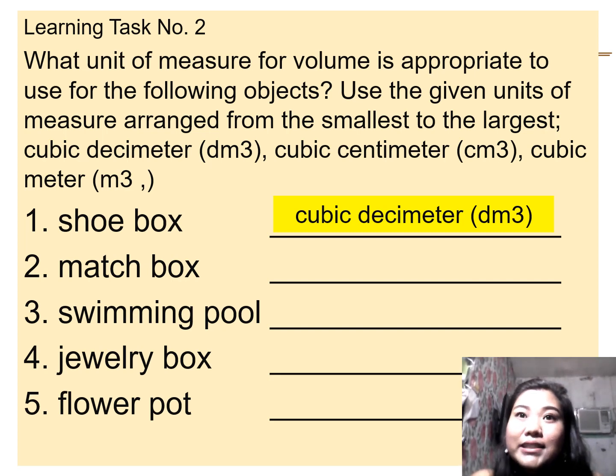So, in finding the volume, we only use four: millimeter cube, centimeter cube or cubic centimeter, decimeter cube, and meter cube. So, the shoebox is decimeter cube.